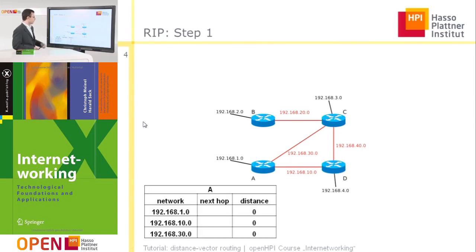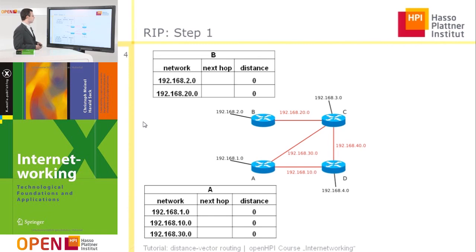So the router A will add the information about these networks into its routing table, and since they are directly connected, there is no next hop, so the router could directly forward the packet to this network, and the distance to this network should be set to 0, because they are directly connected.